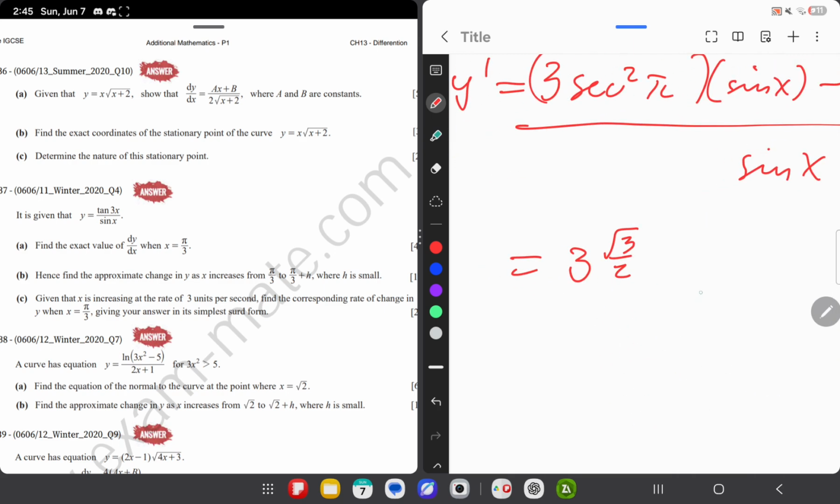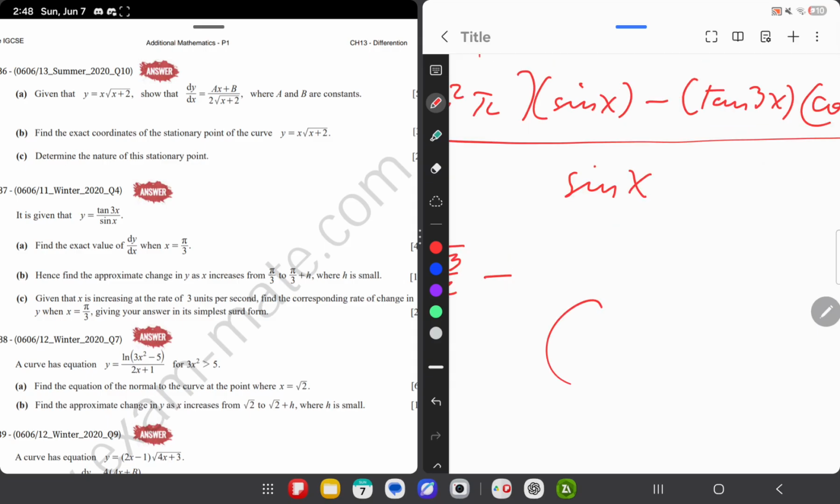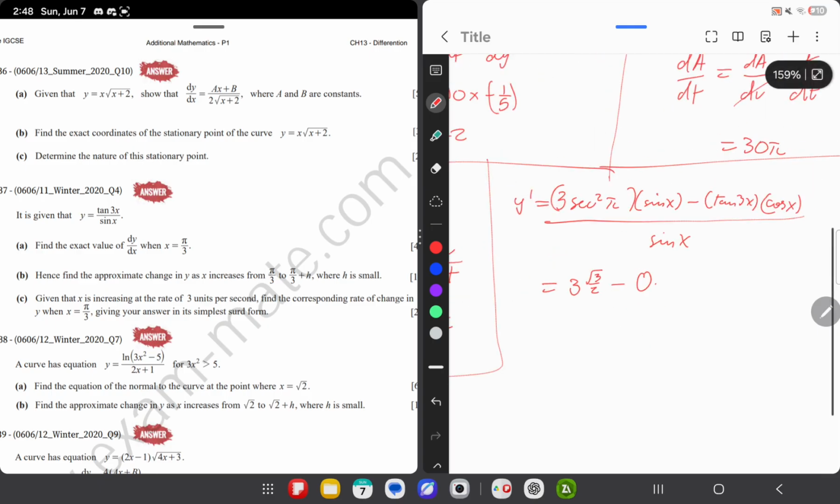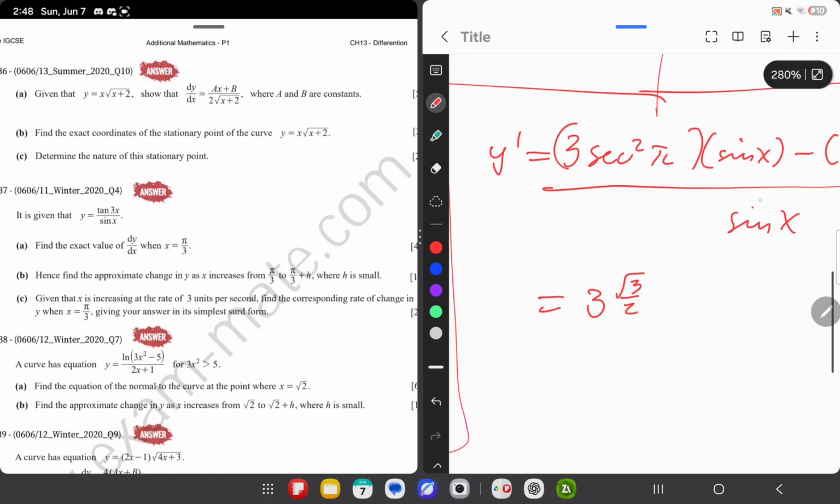Now this is tangent. We know sine of pi is 0, so 0 over -1 is 0, and the remaining term is 0 too.